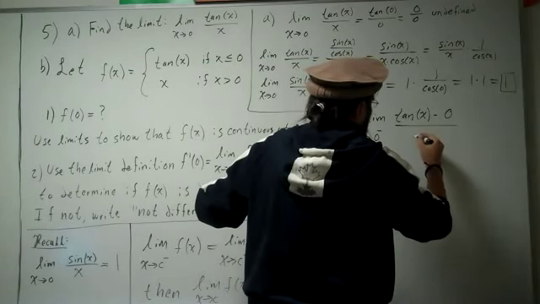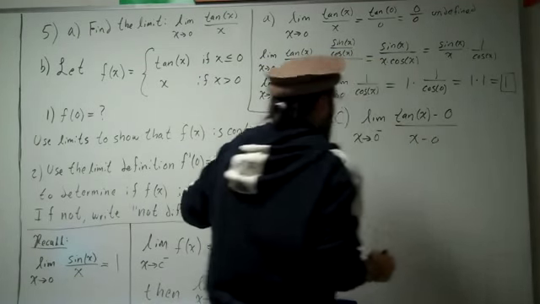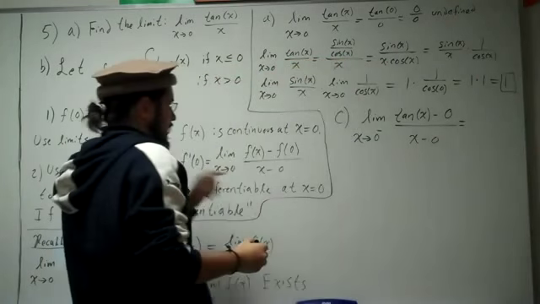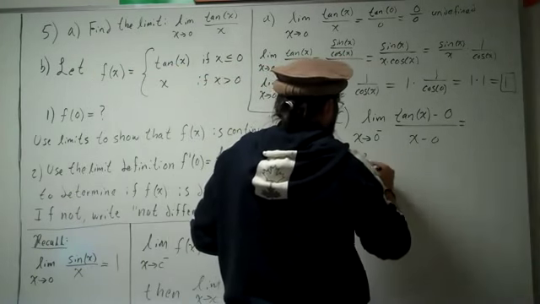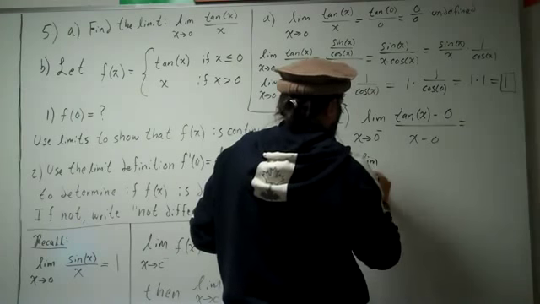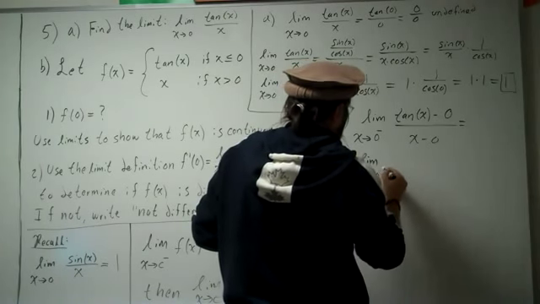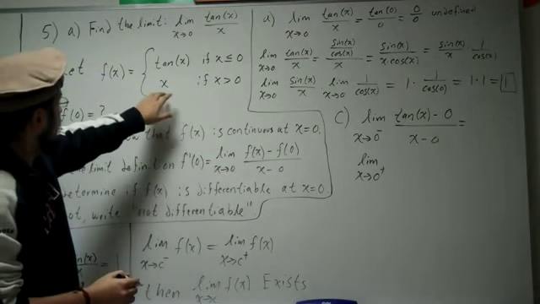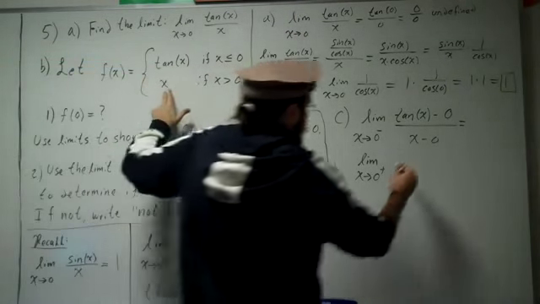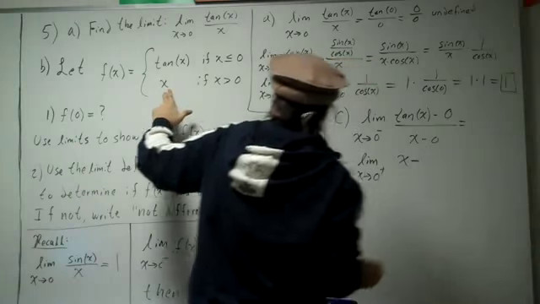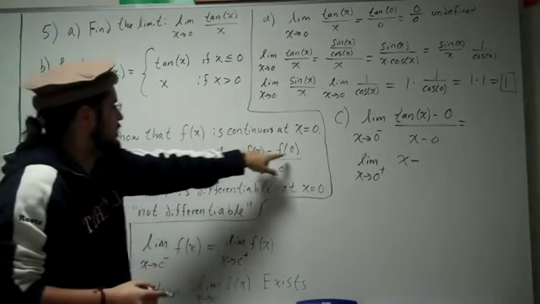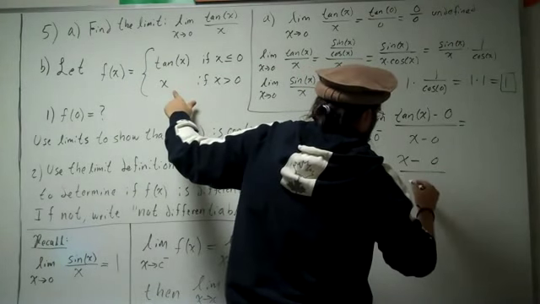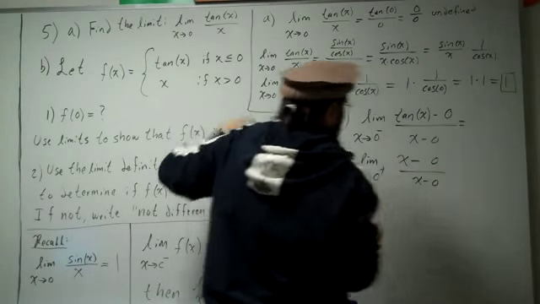So that's just x, right? Or x minus 0. Let's put x minus 0. And this has to equal the limit as x approaches 0 from the right. If we use it from the right, we have to use this. So we have x minus f evaluated at 0, that's 0, over x minus 0.